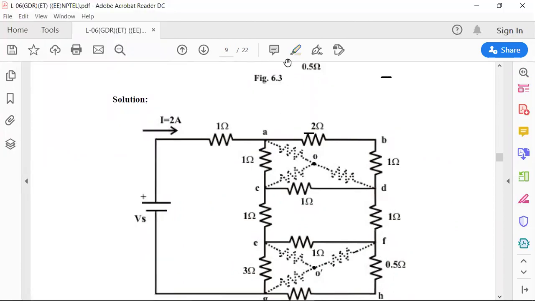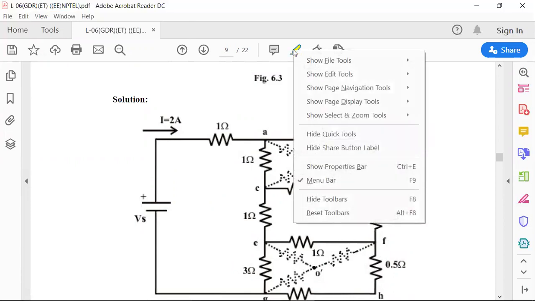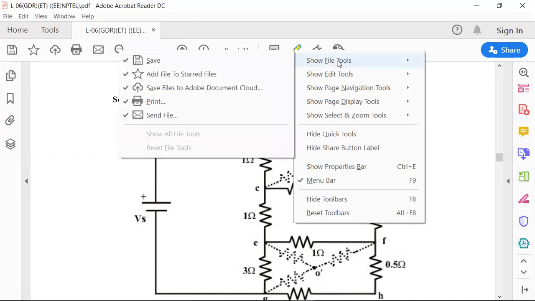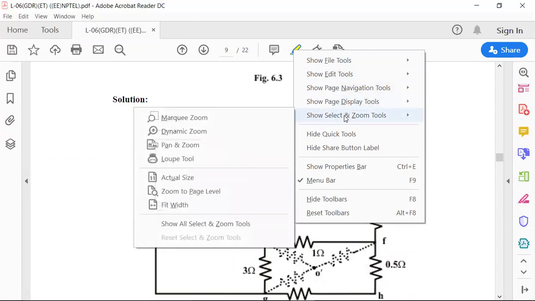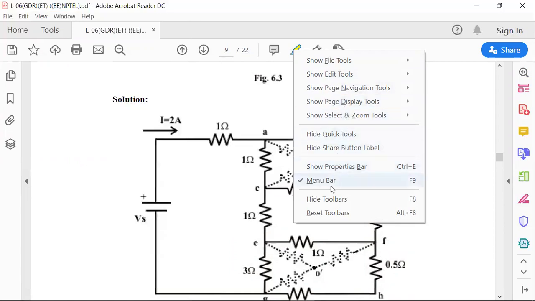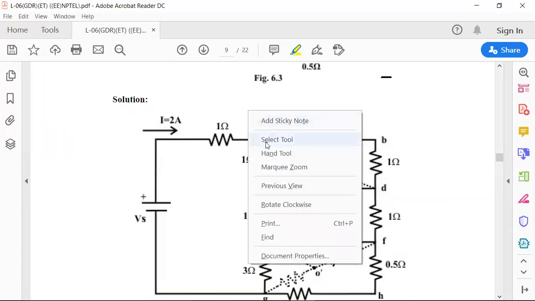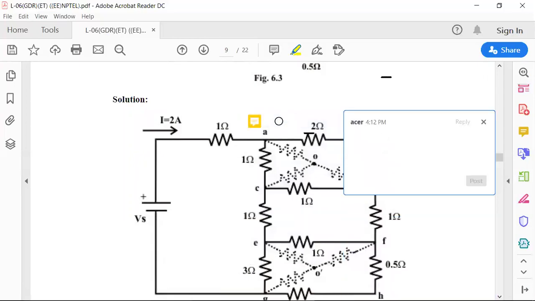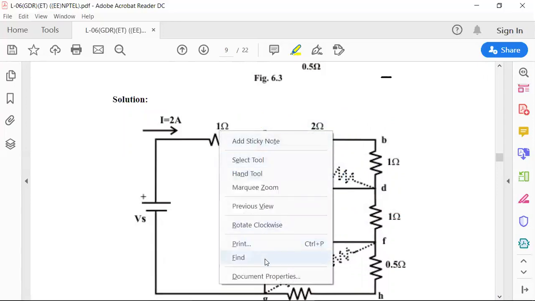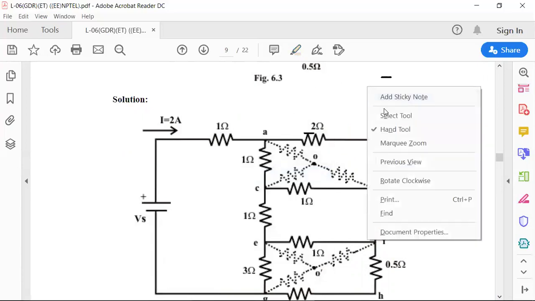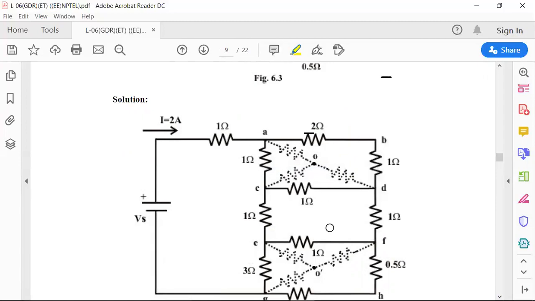We are going to use this tool only. So let me go for this.